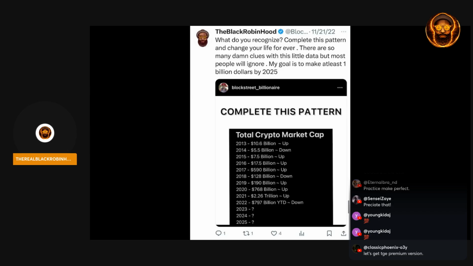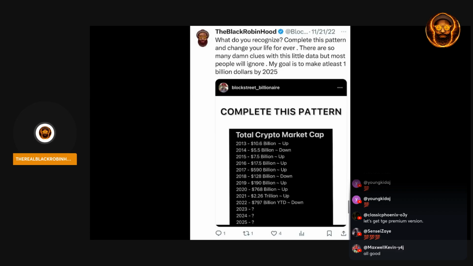The crypto market cap, if you look at it, this is all crypto, not just Bitcoin. I said this in 2022. I posted this. Up, down, up, up, up, down, up, up, up, down. This was in 2022. The entire market cap was 797 billion. Today, the market cap of the entire crypto space is 2-point-something trillion.